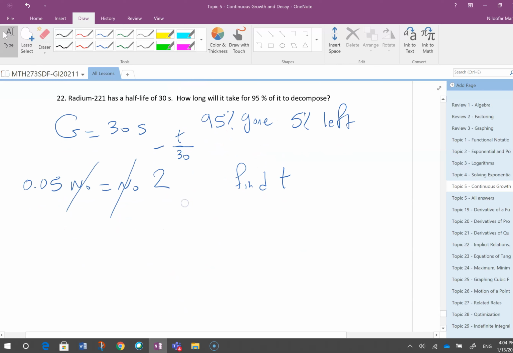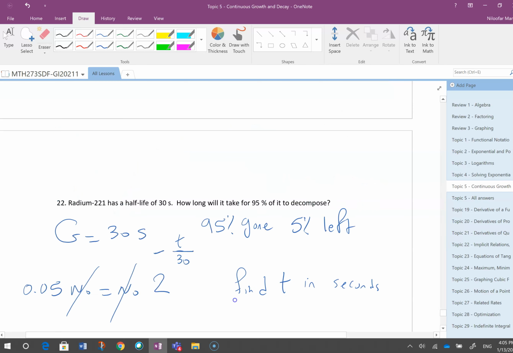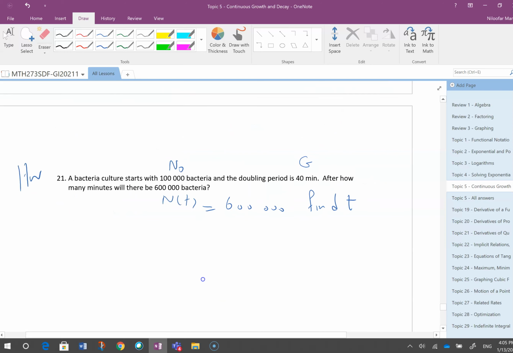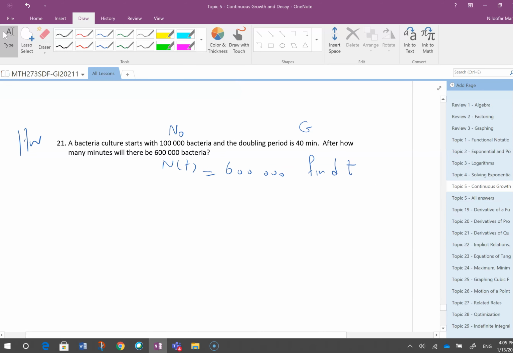Here find T in, I think, seconds. Here find T in minutes.